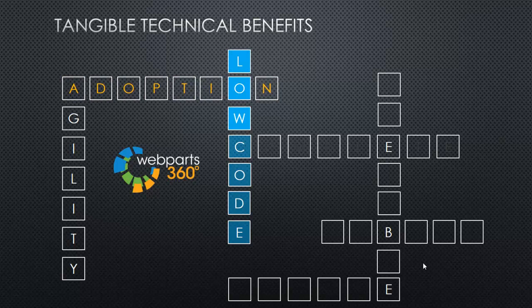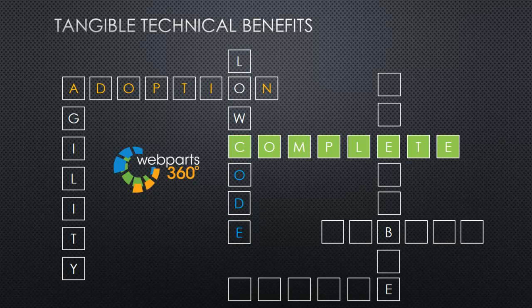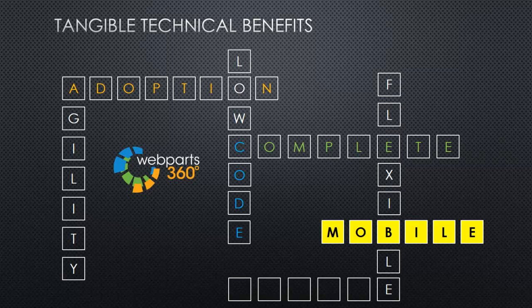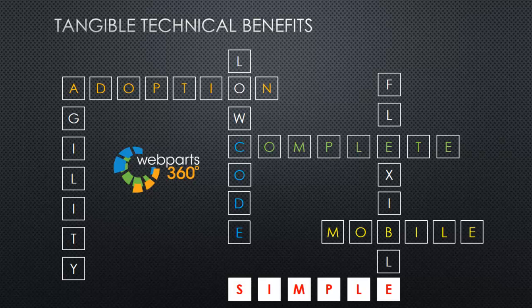Using our low-code development, it will simplify the whole process of building solutions so that you can build a complete solution without any coding. These solutions can be made very flexible so that you can quickly reuse them. At the same time, we deliver mobility for these solutions and simplify your entire computing environment.